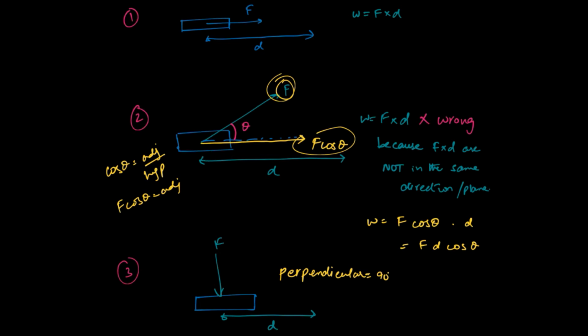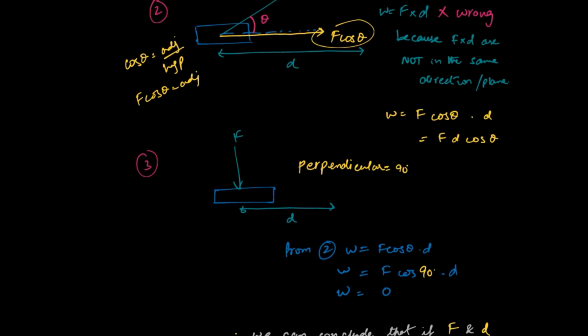Let's move on to case number 3. In this case, again an object moves over a distance d towards the right, but the force is applied vertically downwards on the object. Taking the formula from part number 2, that was F cos theta times d, in part number 3 we can see that the force is perpendicular to the direction in which it moves. Perpendicular basically means at an angle of 90 degrees.